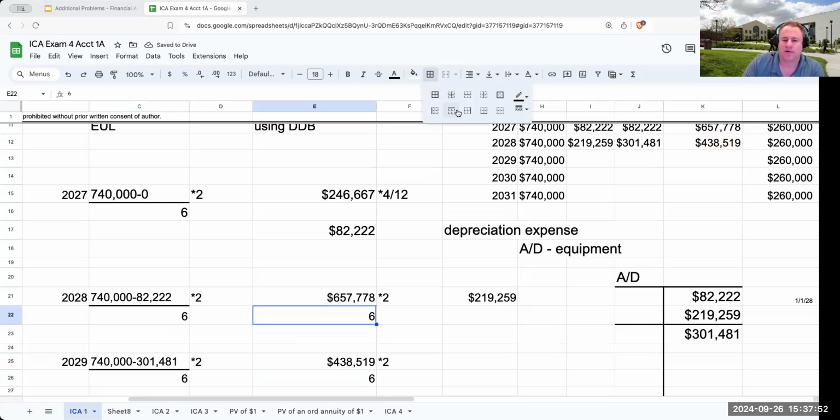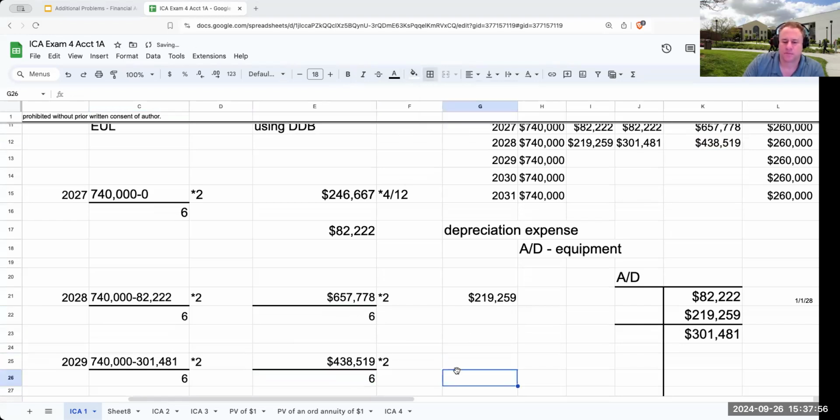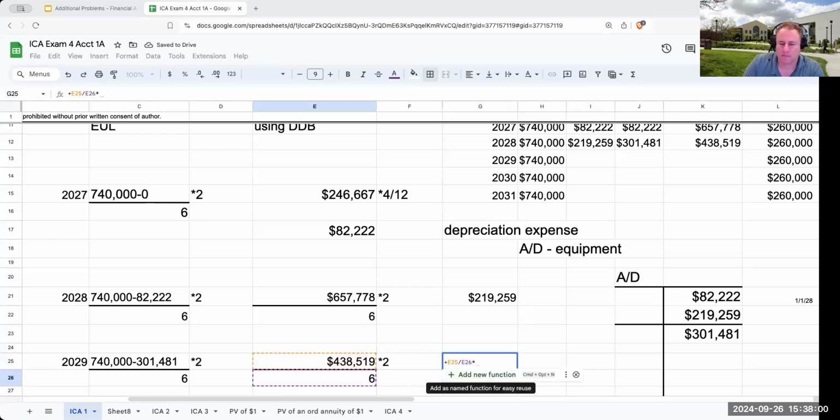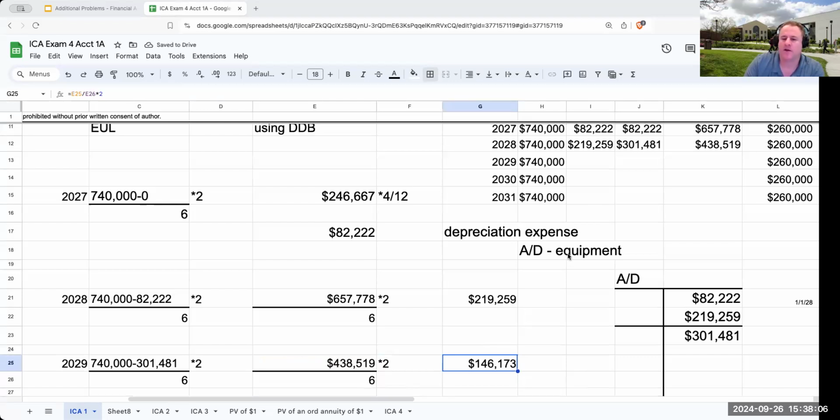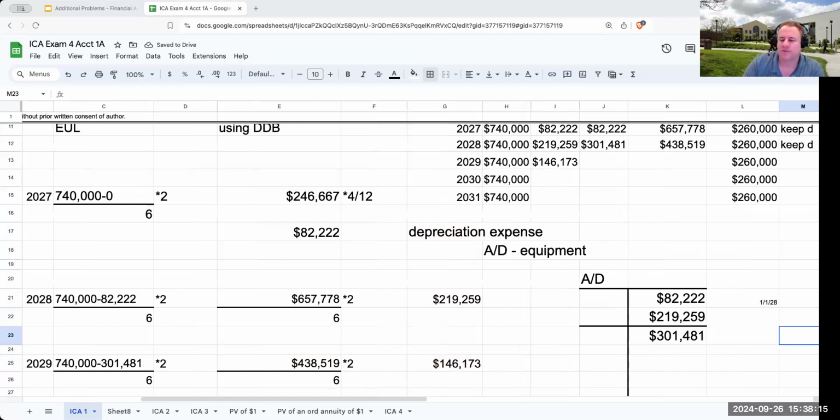So right over here, my value is 146,173. So the amount of depreciation I'm going to take in 2029 will be 146,173. What this means is my accumulated depreciation, right?